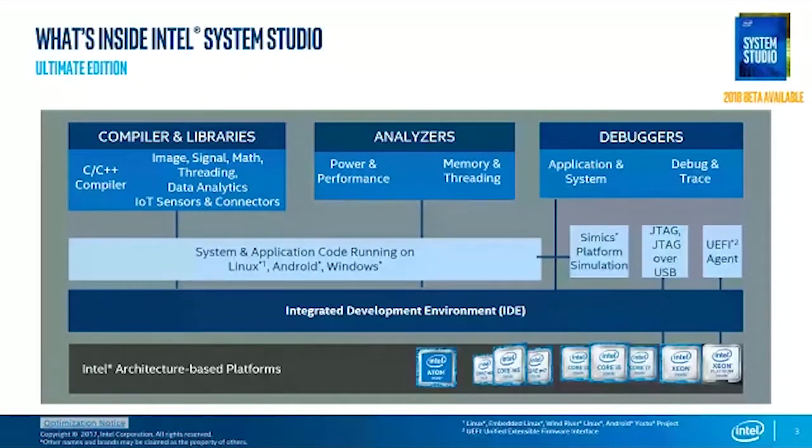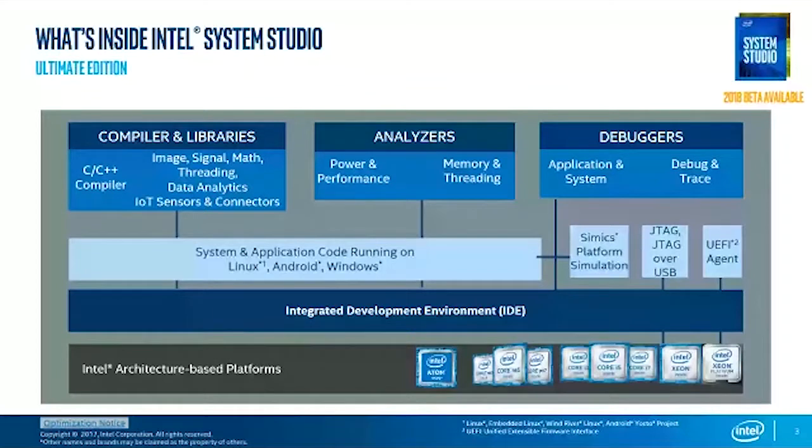From the left side, computer system and embedded system performance improvement with compiler and libraries. In the middle, several kinds of analyzers for performance, power, memory, threading, and analytics. And the final is debug for both system and application debugging, including trace capability.